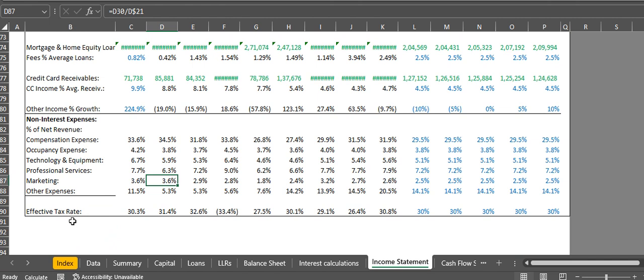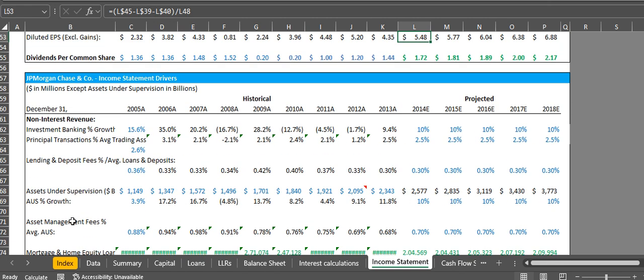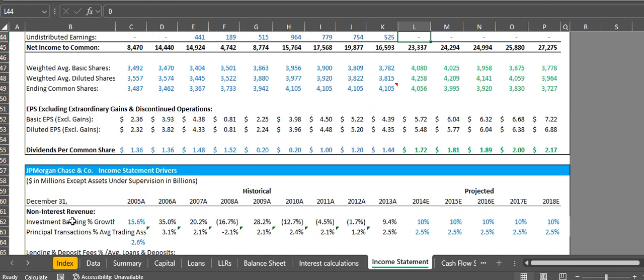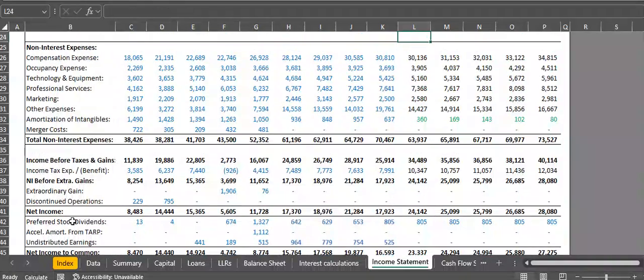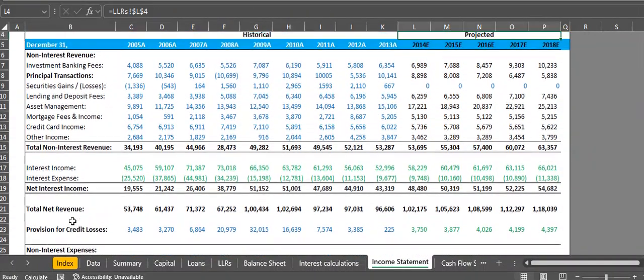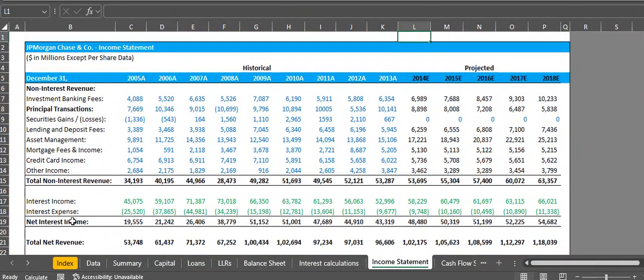So this is the effective rate for the company. These are some of the parameters. We can go ahead with that, or we can work on different parameters. So let's discuss the rest in the next video.